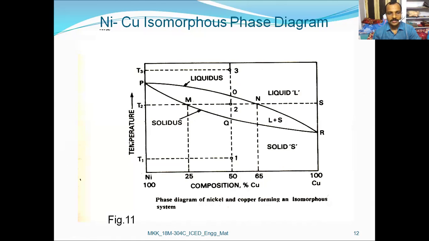So this is the temperature and this is the composition: temperature on y-axis, composition on x-axis, and here at 50% we are having 1, 2, 3 points, and at 1 we are having temperature T1, and at 2 we are having temperature T2, and at 3 we are having temperature T3.